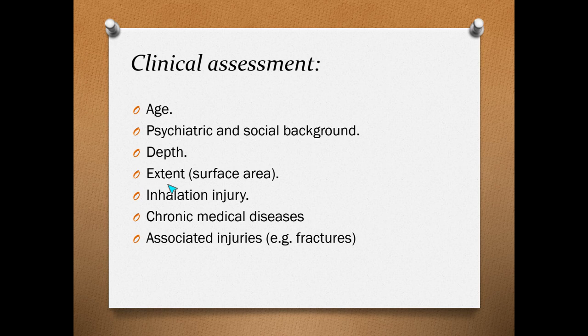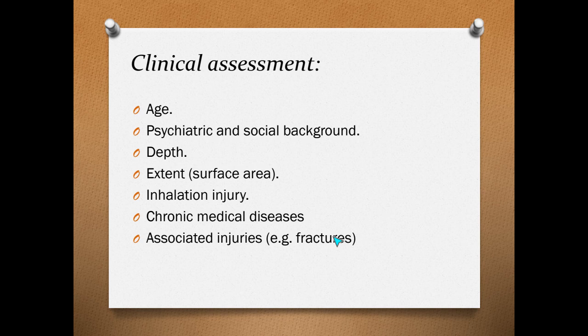And then you have to make sure whether this patient has an inhalational injury or not, because this is also important in the management decision. And you have to consider whether the patient has a chronic medical disease or not, and associated injuries, because this is one of the things we have to look for when assessing a patient with burn.